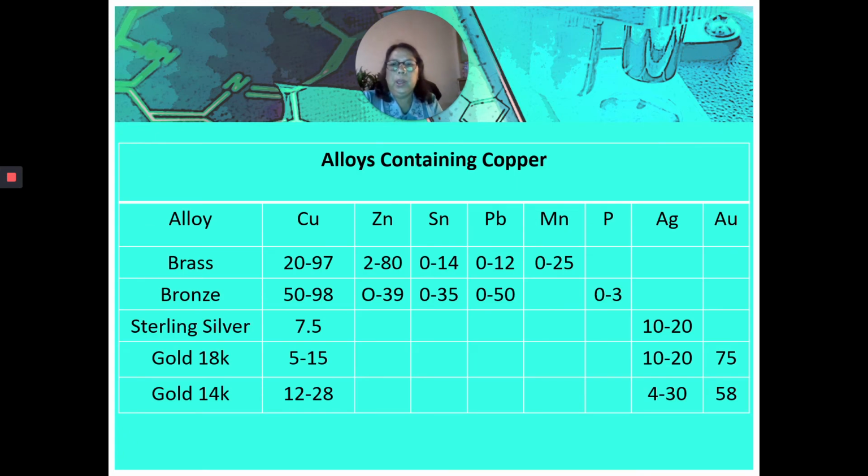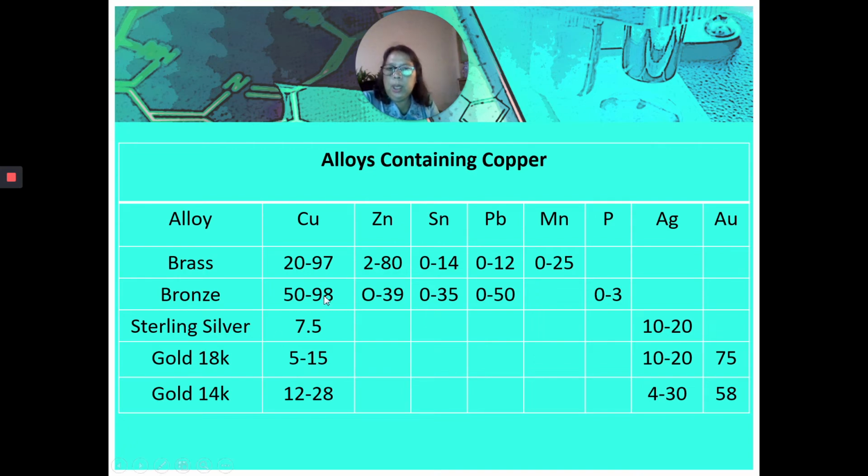Okay. Let's go to an illustration of where ligands could be used. Ligands could be illustrated by the presence of our alloys. And the most popular alloy is actually your copper. Brass, bronze, sterling silver, gold, are all alloys of copper.